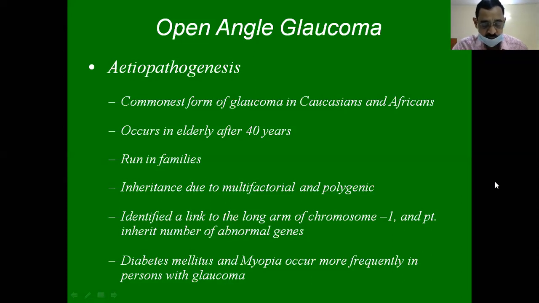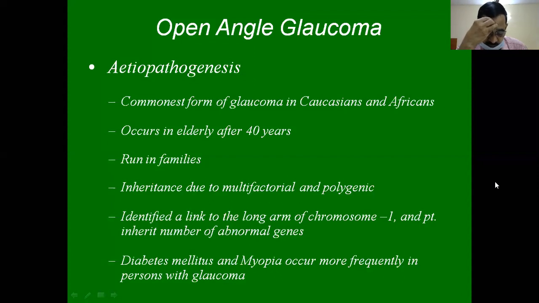And age, usually after 40 years of age, the incidence is more, and race is more common and earlier detected and more severe in blacks when compared to the whites. Myopia: the incidence of primary open angle glaucoma is more in myopics rather than emmetropes and also hypermetropes.